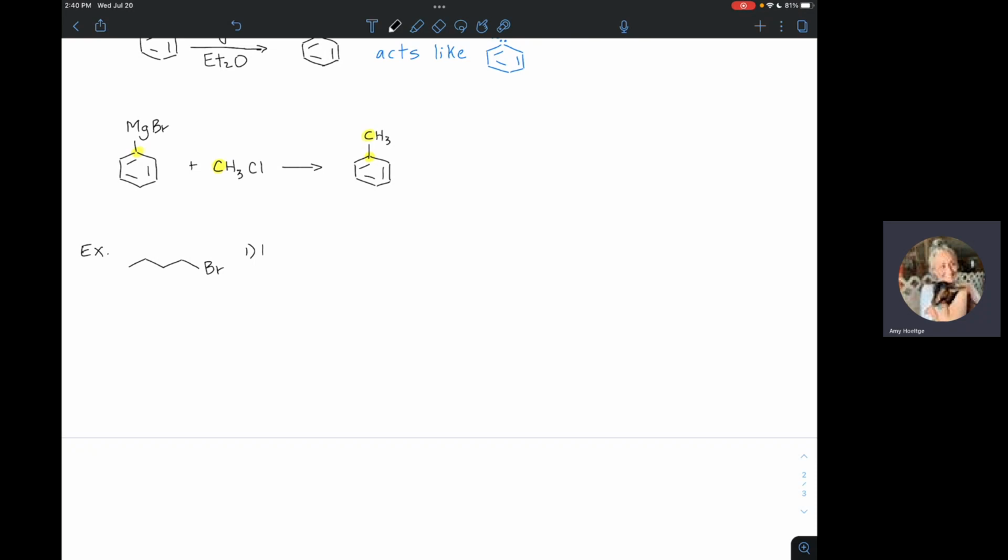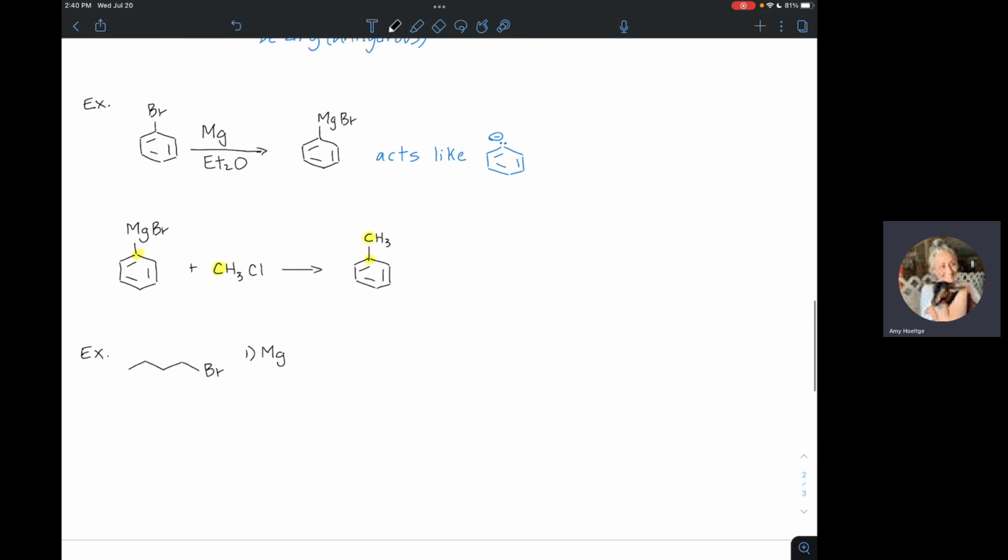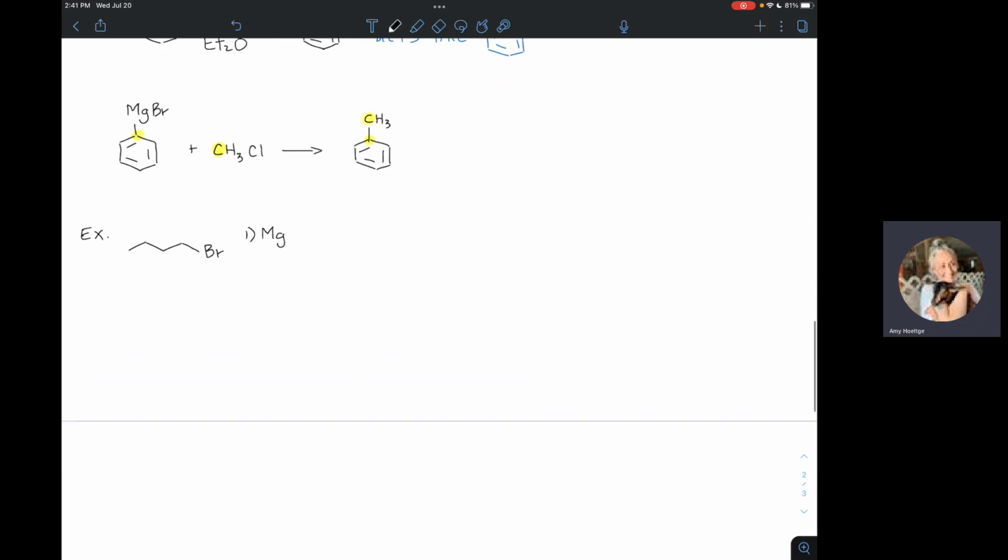I'm going to show you another way that we can present a reaction equation. Instead of showing them in separate steps like I just did at the top there, I'm going to put them stepwise over one arrow and just give you the product, right? So this is going to be magnesium, and then we put a little comma, and there's the solvent.